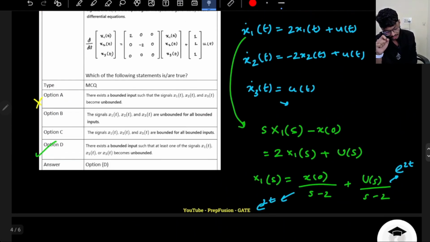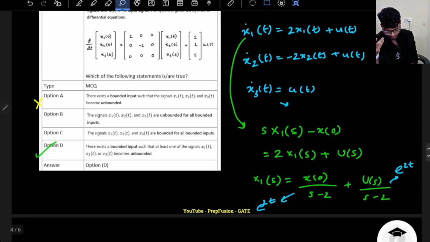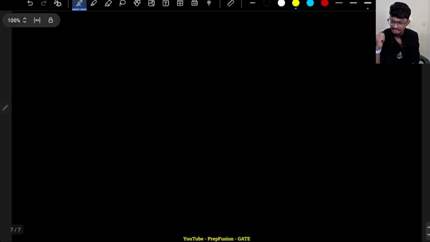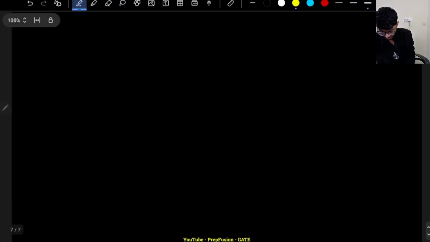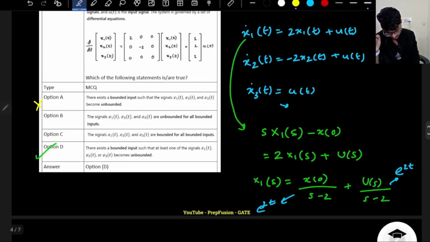Now if you have doubt regarding this, the other one is the simpler one. If you want to solve this, you can solve it too. So how will you solve this one? For the second equation, again take the Laplace transform. This will be s X2 of s minus x2 of 0, equals, this time, minus X2 of s plus U of s. So this is correct, right? Yes.